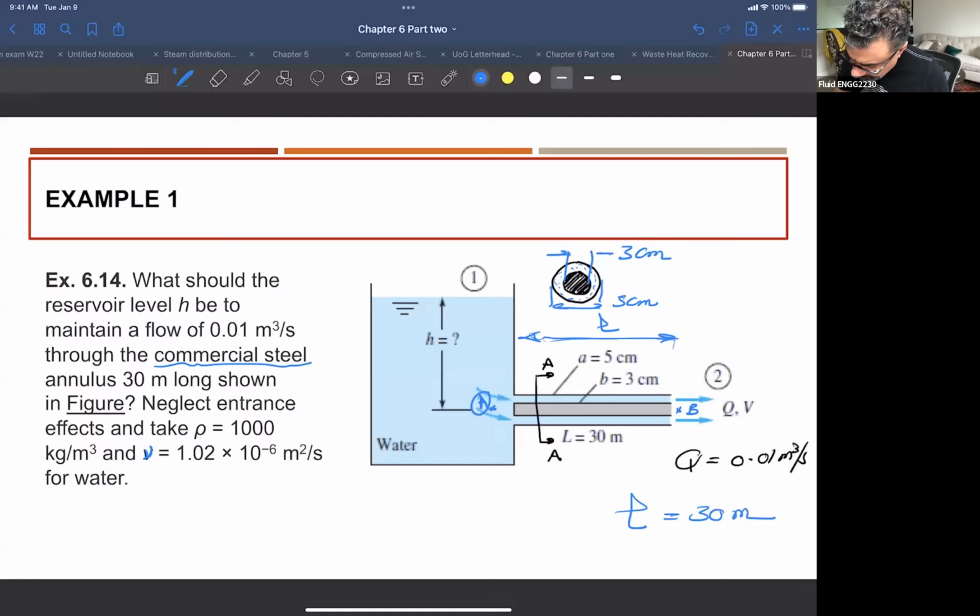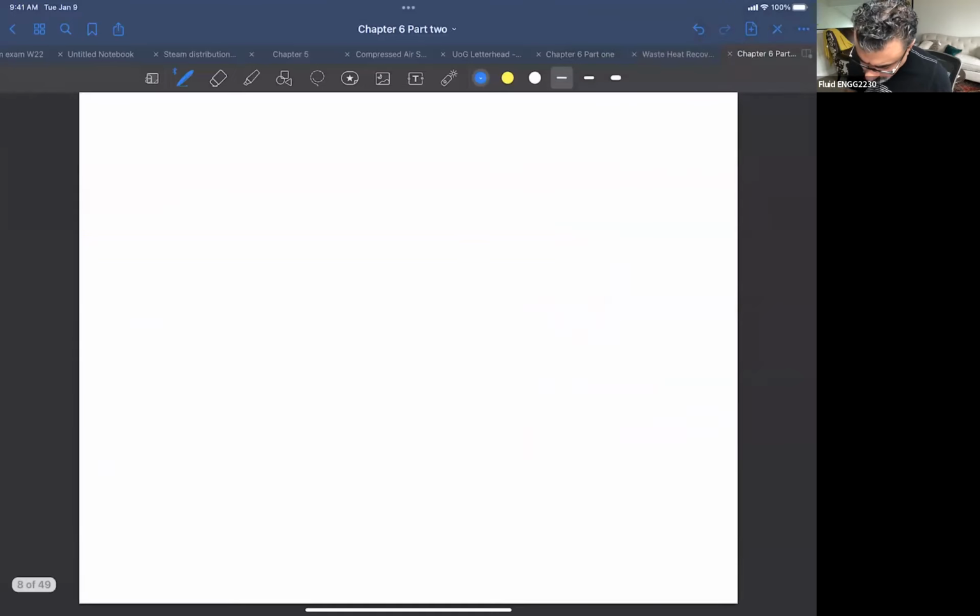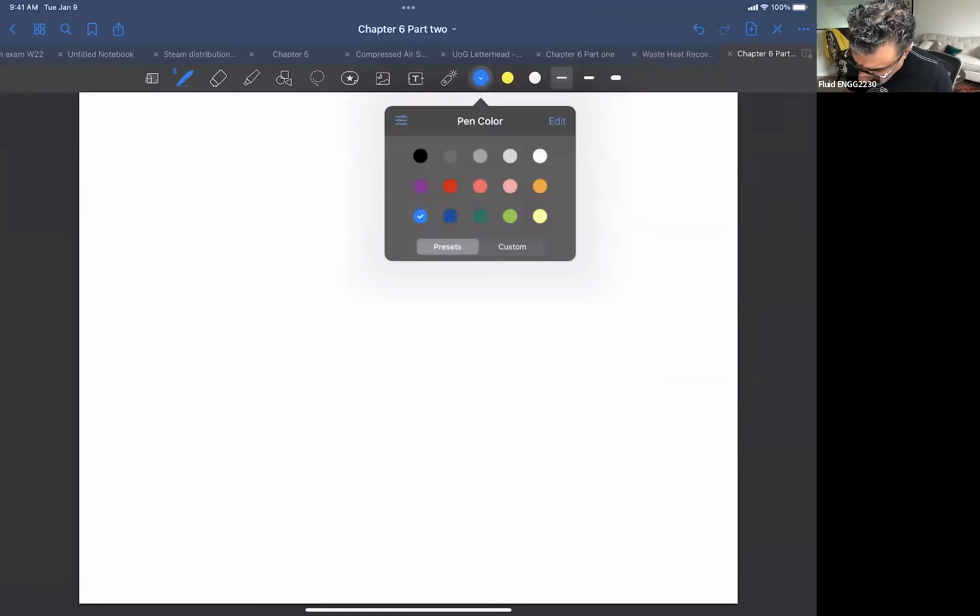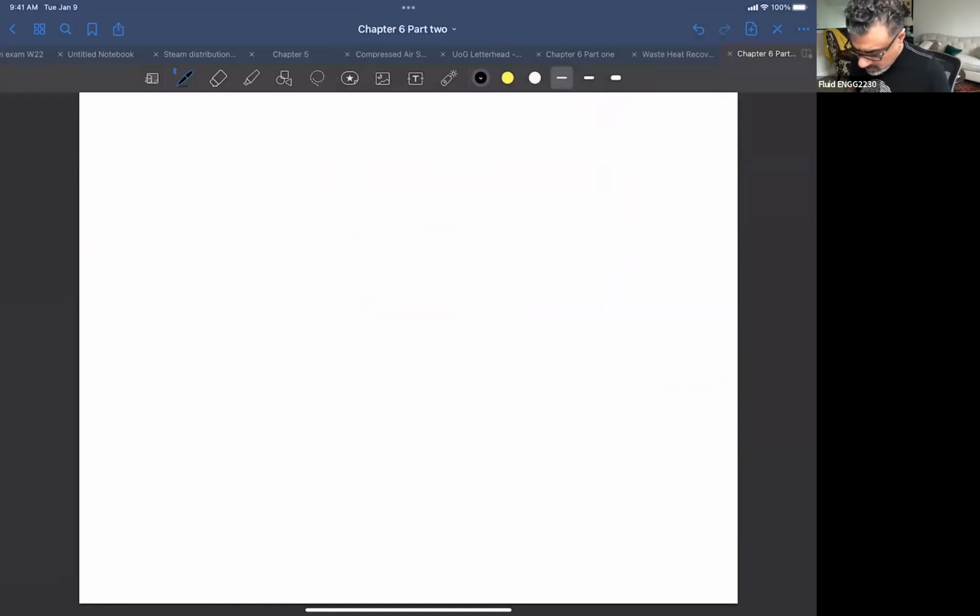So if I look at this, I know the velocity. Let's find the hydraulic diameter first. Hydraulic diameter is 4 times the cross-sectional area over the wetted perimeter. So what is the cross-sectional area?